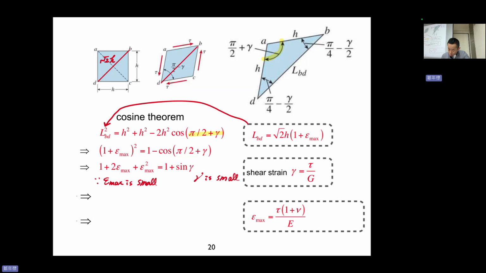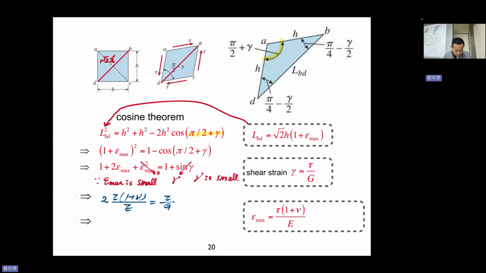So the higher order terms can be neglected, and sine gamma becomes gamma, because remember that if gamma is small, sine gamma and tangent gamma are approximately gamma.